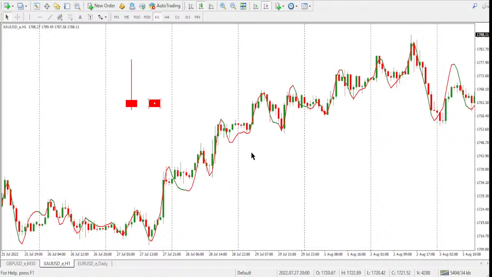This is the typical example of what a pin bar should look like. So this is a pin bar. We refer to this as a bearish pin bar.